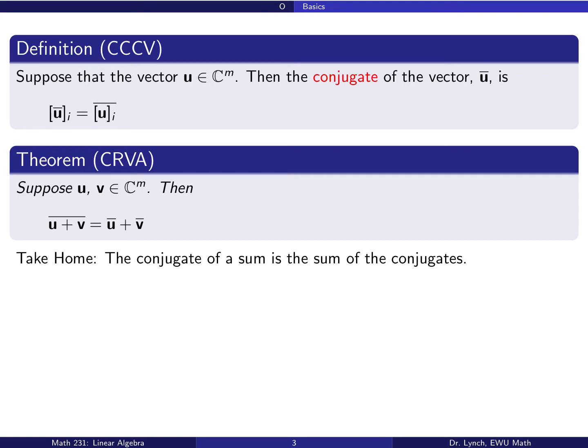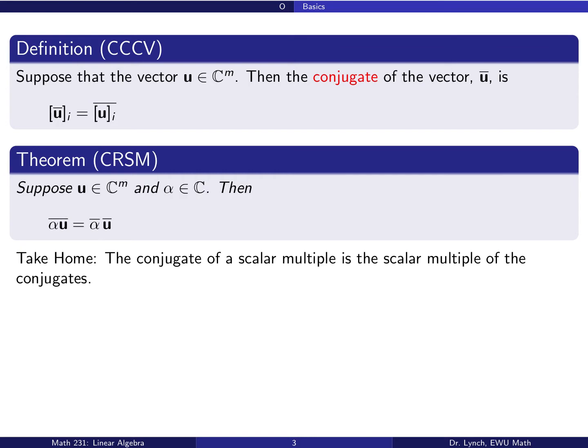Okay, so this first theorem is a theorem that you can prove just by using the properties of vector addition, vector equality, and complex conjugation. This theorem says that the conjugate of a sum is the sum of the conjugates. Here's another theorem that you can prove using properties of complex conjugation, scalar multiplication, and vector equality.